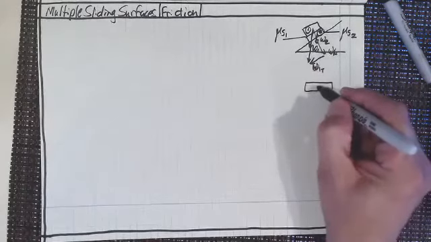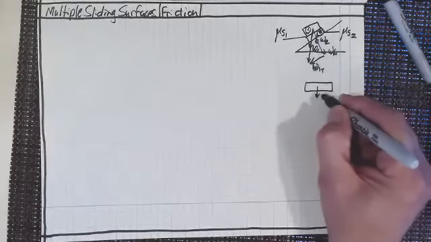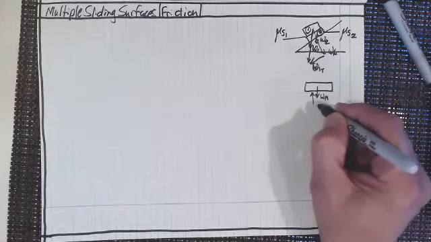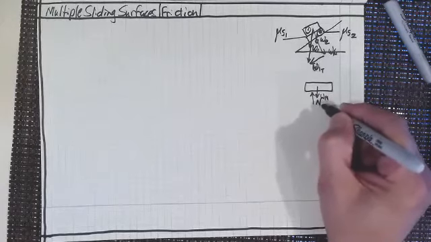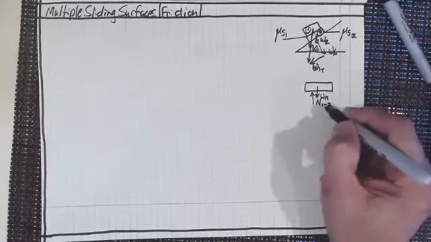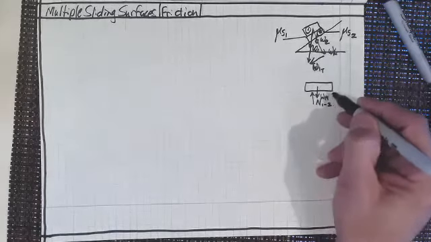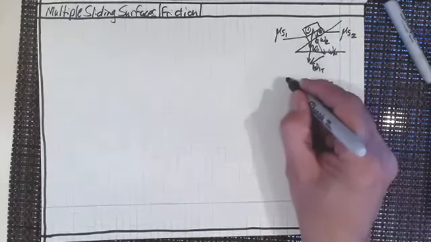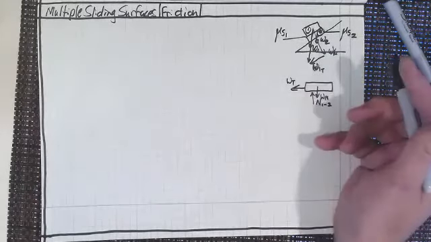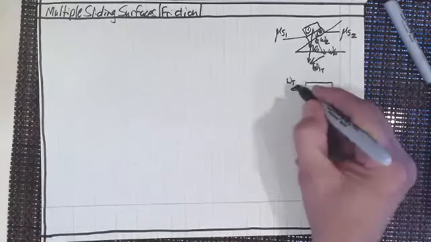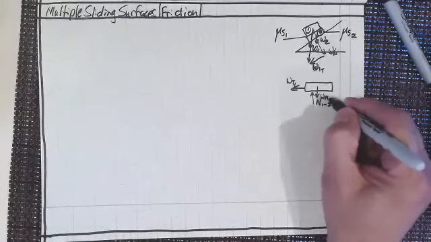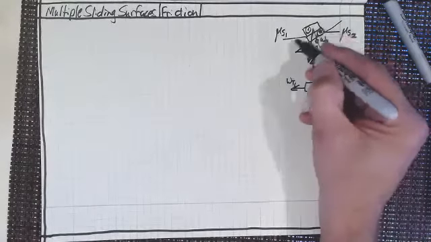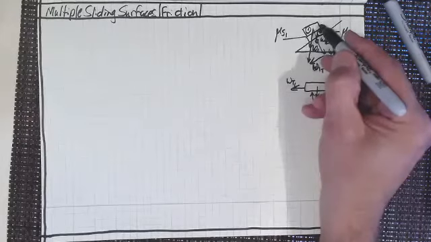Block 1 has W sub N1 and a normal force, the normal force between 1 and 2, pushing up because it's only got one force pushing down. It also has W sub T1, which is sliding down between block 1 and block 2.